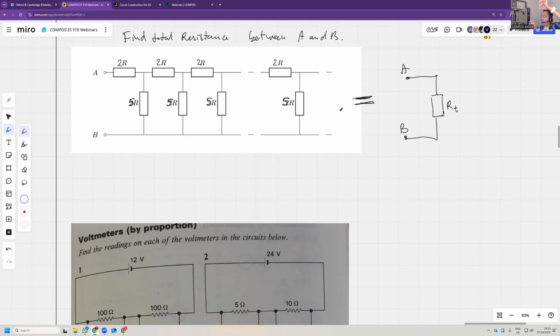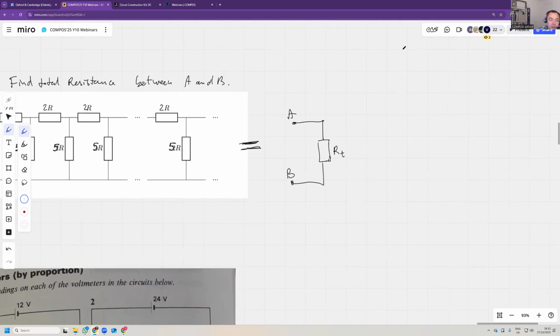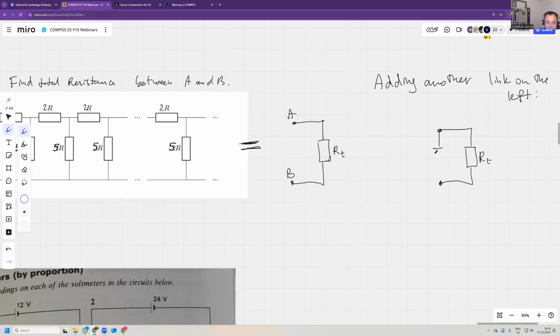Now, if we were to add another link on the left, adding another link on the left doesn't change the total resistance. You would have the total resistance that you're looking for, and then you're adding a 5R here and a 2R here.